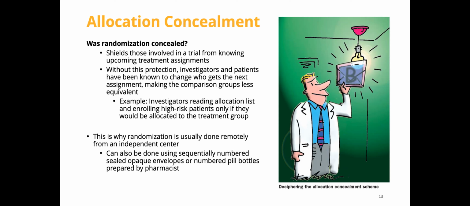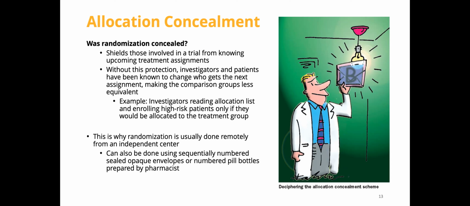An example of this could be a trial investigator who reads an allocation list and then enrolls high-risk patients if they know that they would be allocated to the treatment group. This means the intervention and control groups would not be balanced with respect to characteristics, because only high-risk patients were allocated to the intervention group, and that's not what we want.